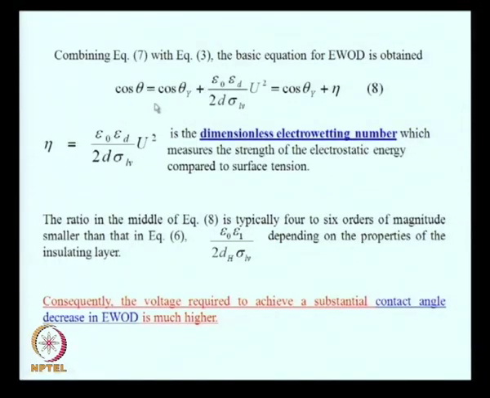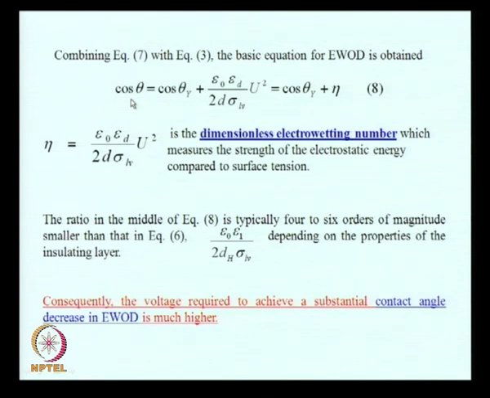And since the capacitance of the dielectric and the capacitance of the charged layer very close to the electrode surface in an electrolyte are vastly different, the equation has been modified in the following form as we see here.